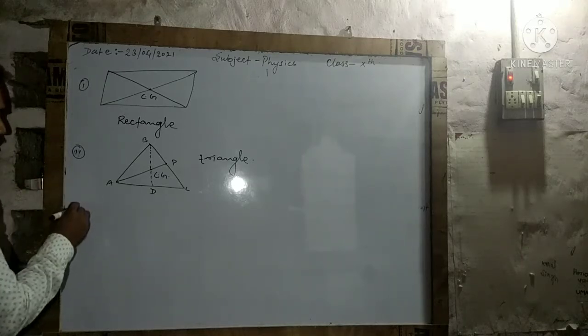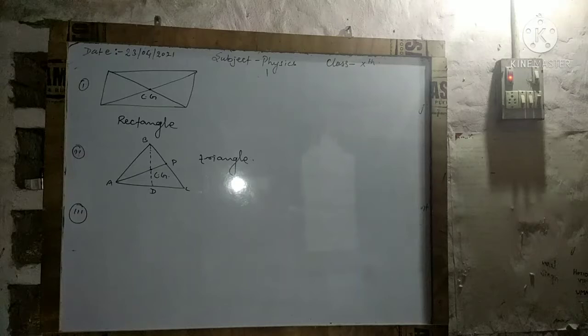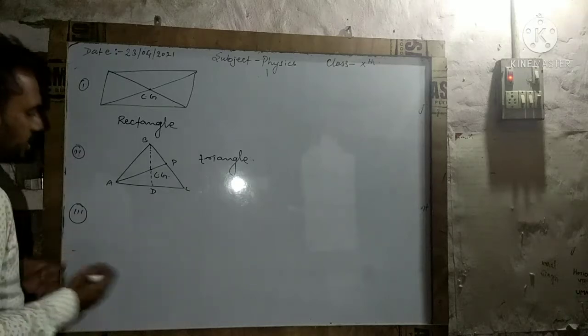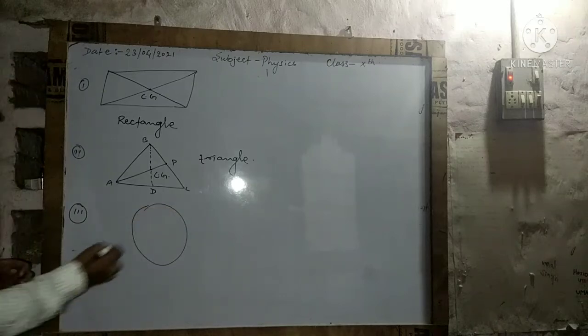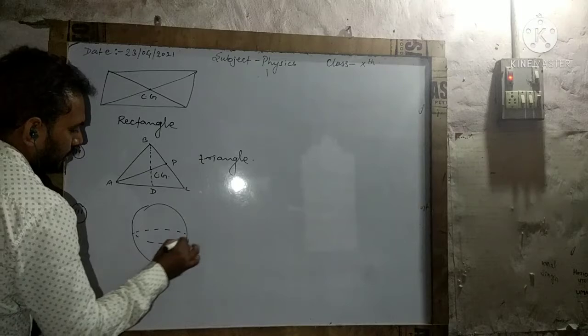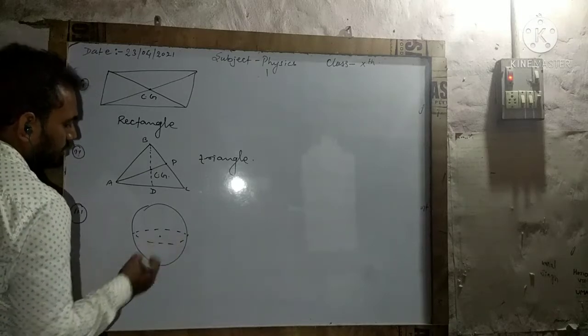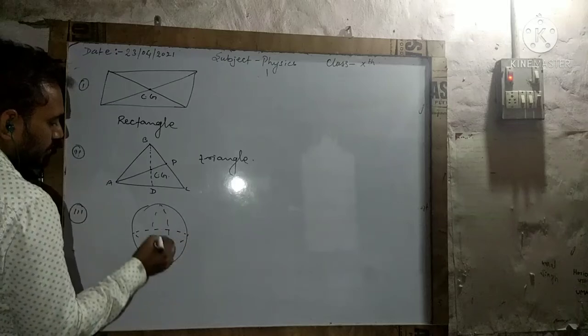Third, for example, if we are taking a solid sphere, where will the center of gravity be? As we already know, a sphere has a center, and that will be its center of gravity.